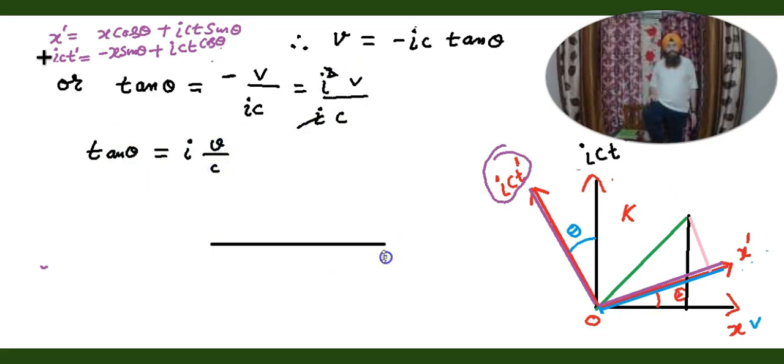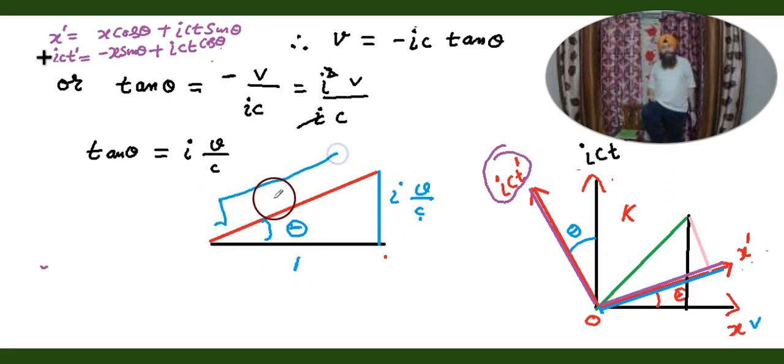Now we consider a triangle. Here is theta. Now tan theta is perpendicular over base. Iota v upon c, base is 1. And hypotenuse becomes root of base square plus perpendicular square, and iota square is equal to minus 1.